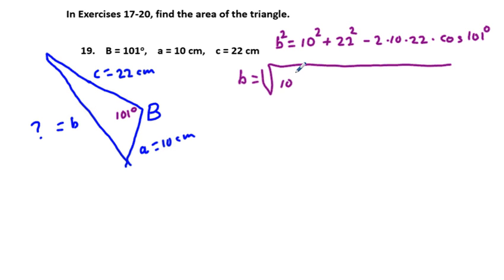10 squared plus 22 squared minus 2 times 10 times 22 times cosine of 101 degrees. And we're going to do that right now.